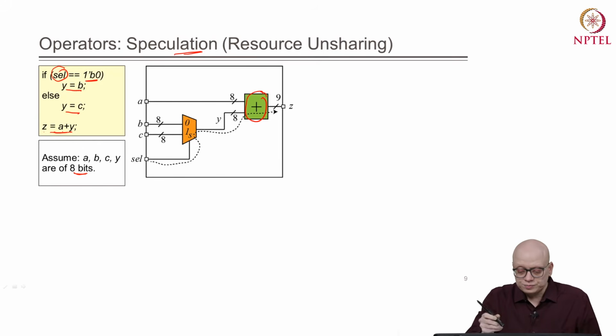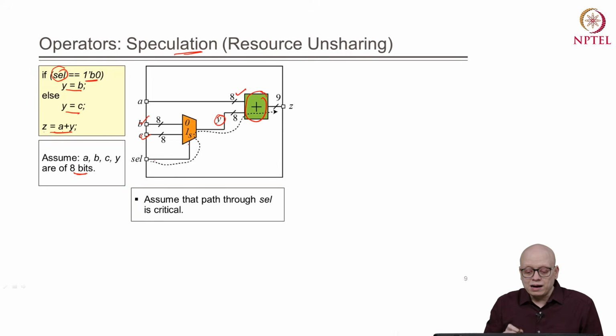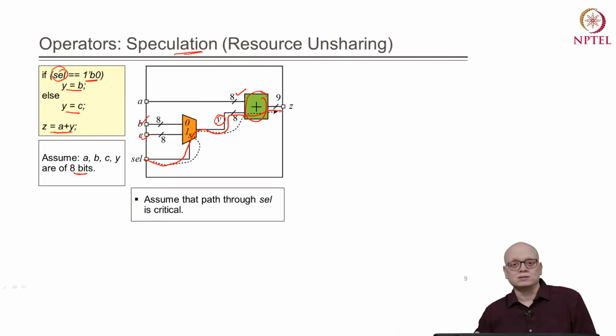This adder will get one operand as A and the other operand as Y, and Y can take a value either B or C, depending on the value of the select line, right. Now, given this, let us assume that the path through the select line is critical, meaning that we want to reduce the delay of this path.